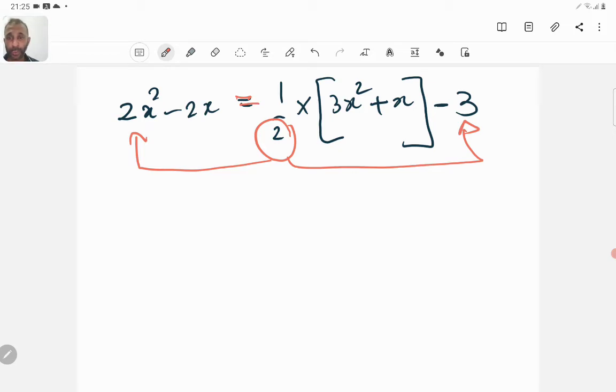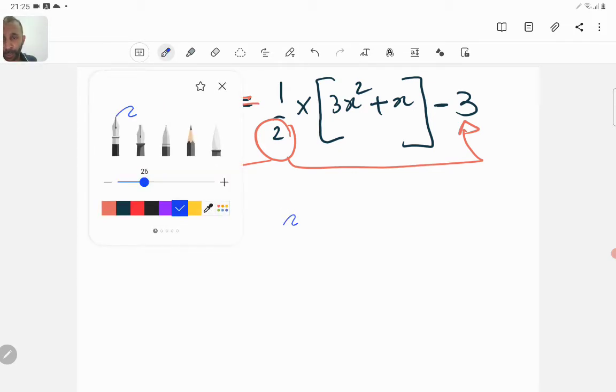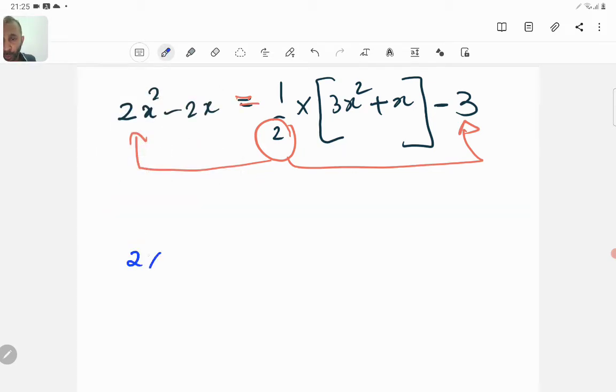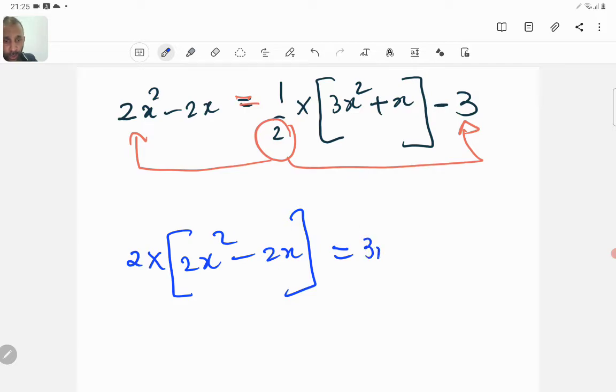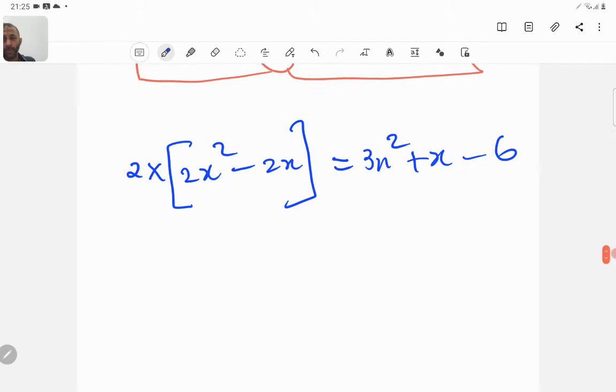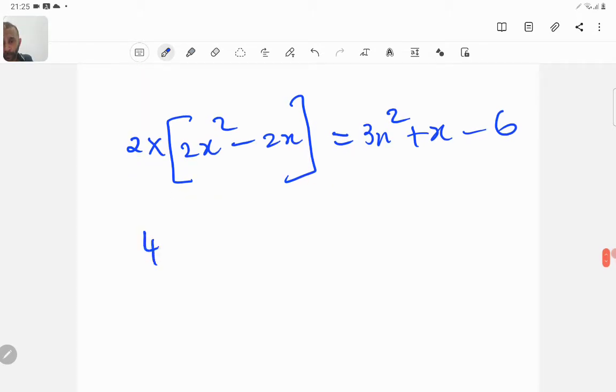So what happens now? 2 into 2x² − 2x is equal to 3x² + x − 6. So 2 into 2x² is 4x² − 4x, equal to 3x² + x − 6.